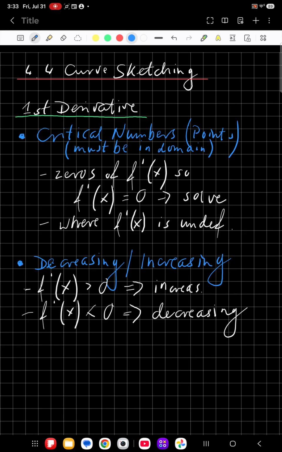The third one is the first derivative test.